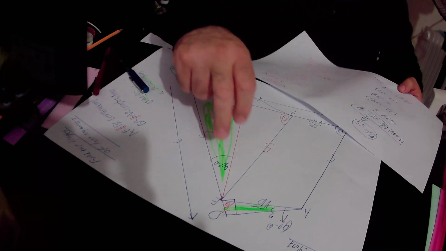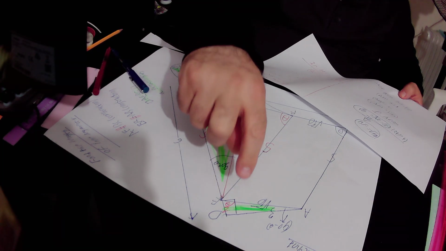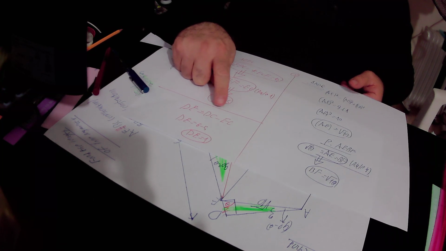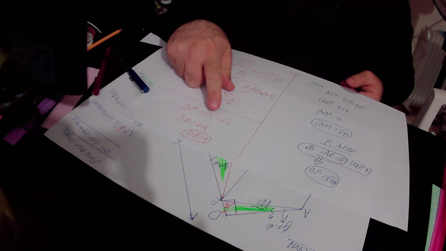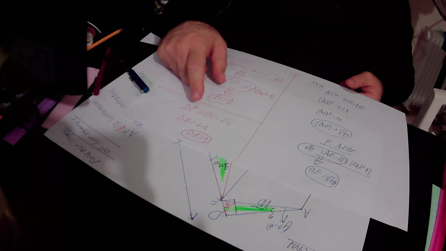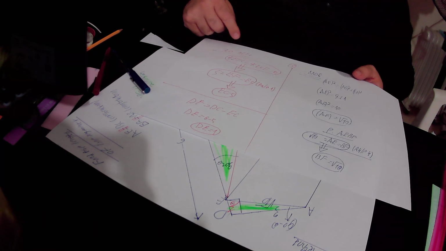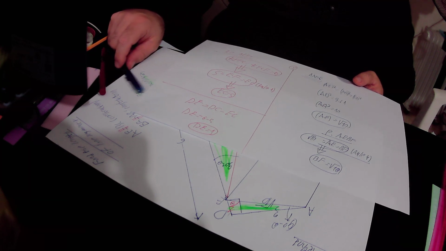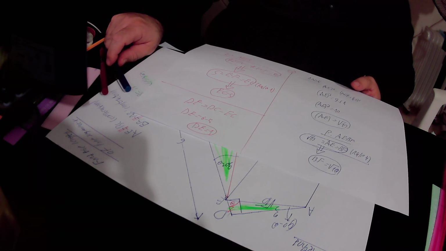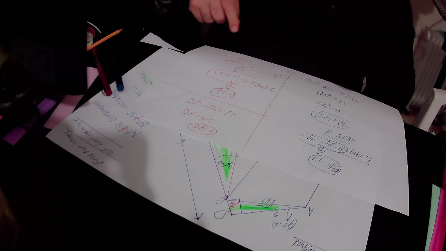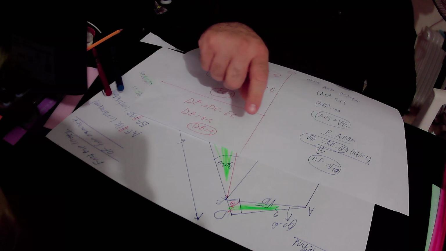So what is the value of line segment DE? DE equals DC minus EC. DC equals 6, EC equals 5. So in conclusion, DE equals 1 unit. Now, in the right triangle ADE, we have two sides. Therefore, by implementing the Pythagoras theorem in this right triangle, we'll find the hypotenuse AE.